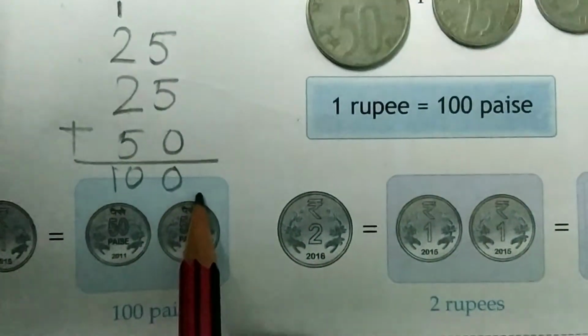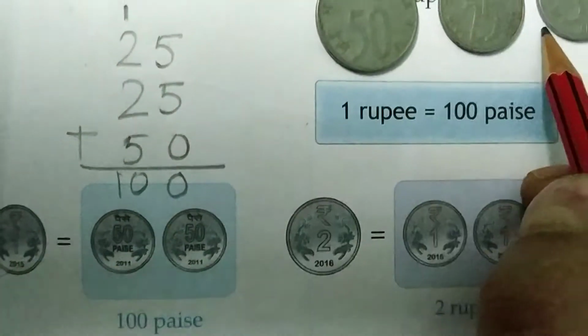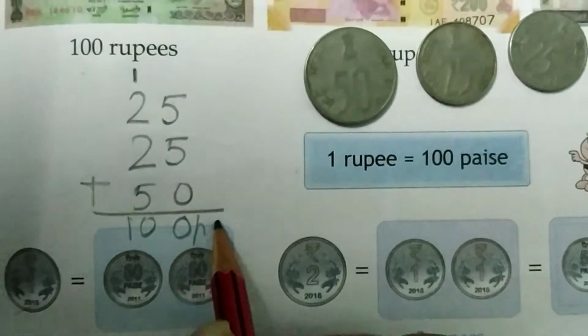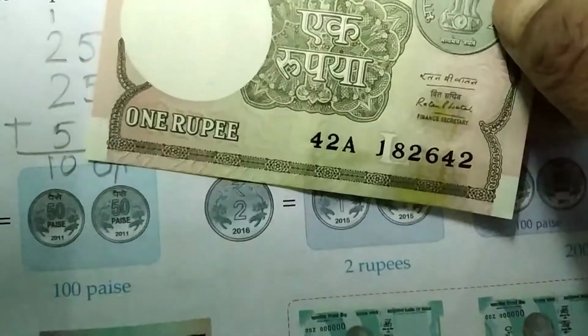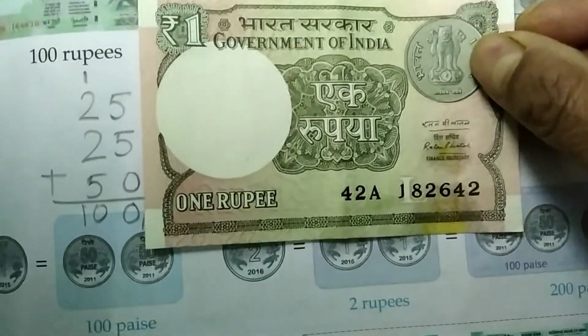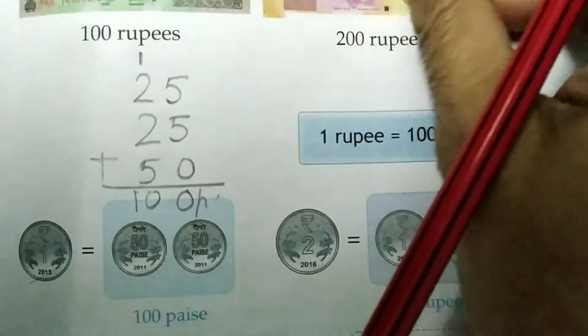If we take 100 paisa, these are the paisa, okay? So 100 paisa makes 1 rupee.